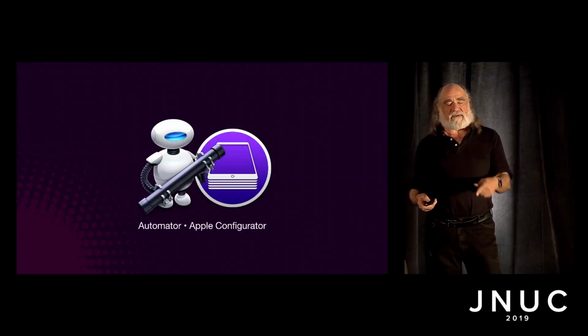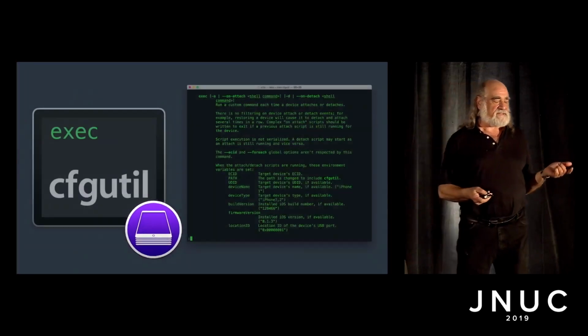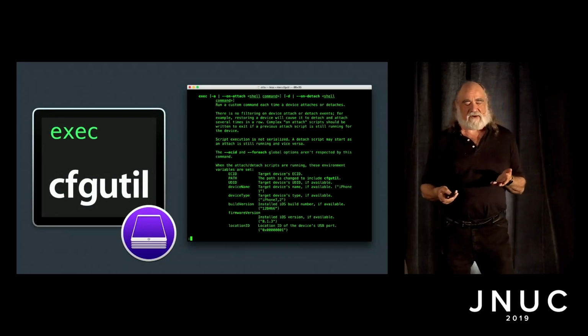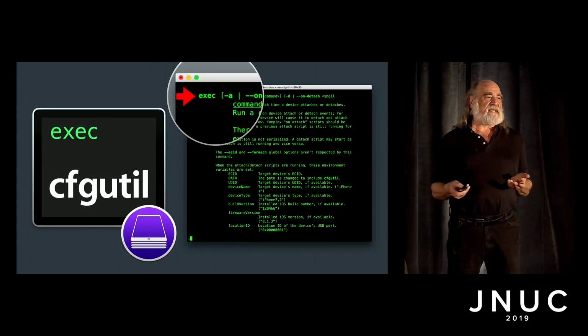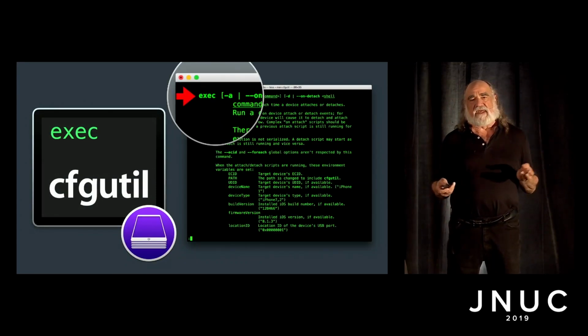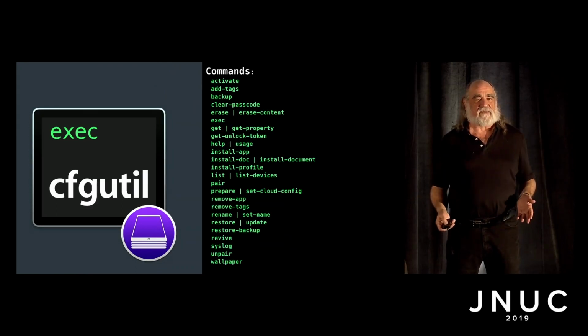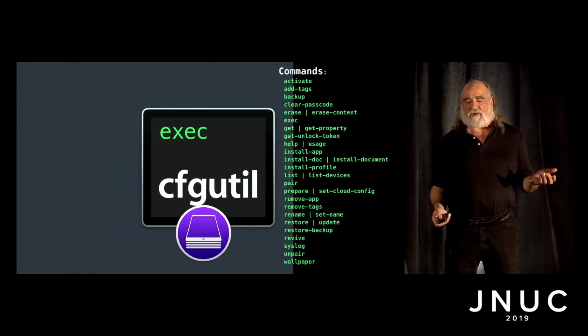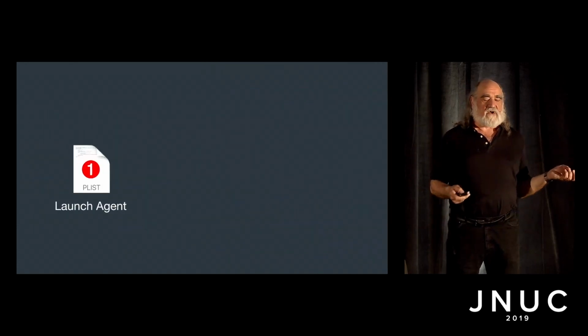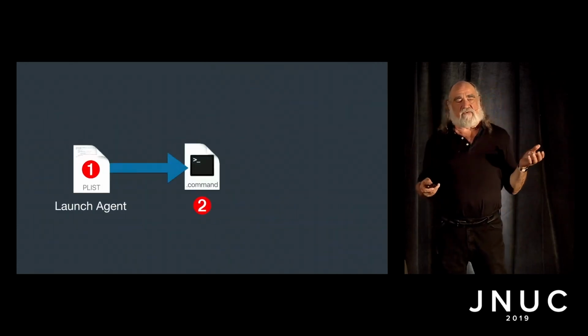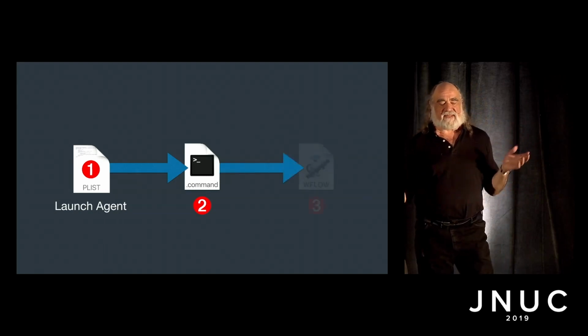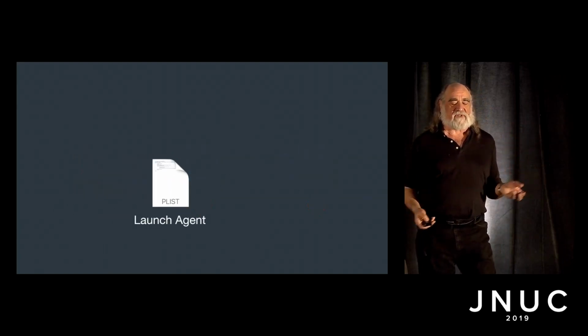Last time I talked about Apple Configurator and Automator and how you could use the exec command from Configurator so that you could have access to this entire library of commands, and how you could create workflows. You would create a launch agent that would then run a shell command that would then run an Automator workflow.